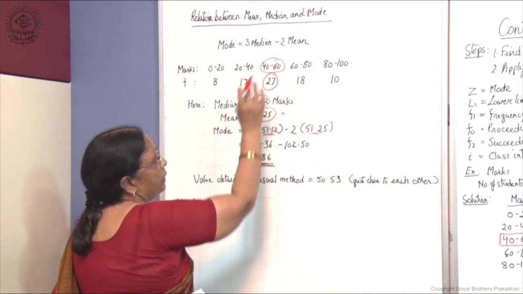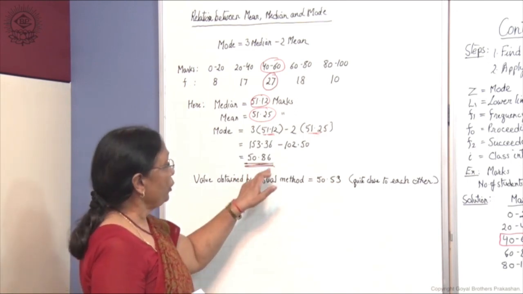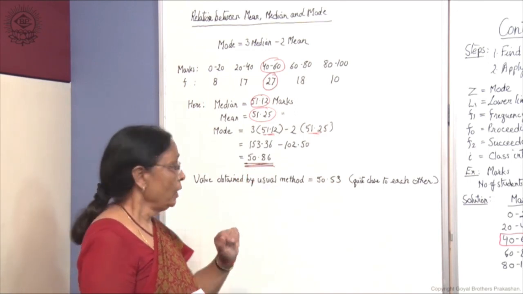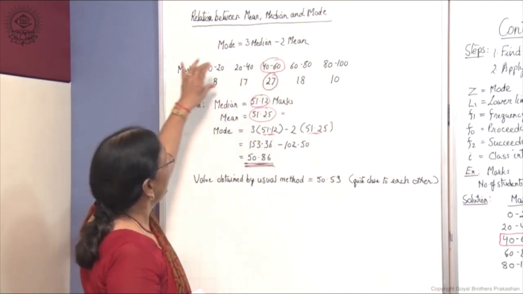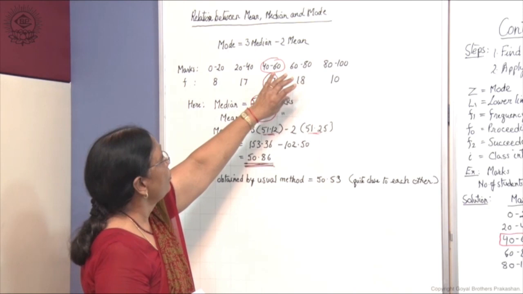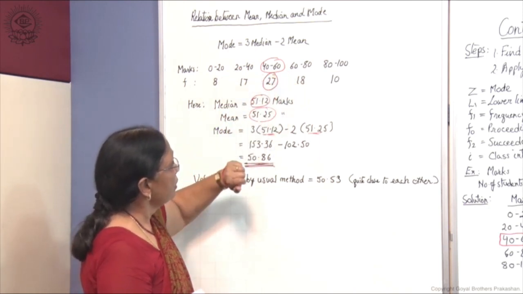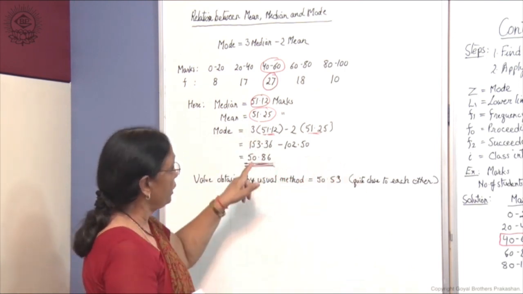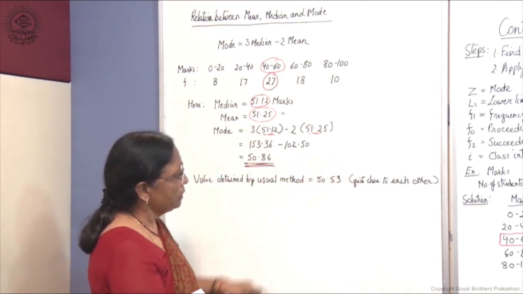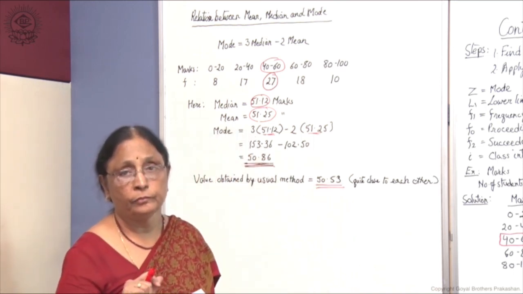So this means it is between 40 to 60, and here it is 50.86. Now the value obtained by the usual method, if you calculate mean and median from this data and calculate mode by the usual formula, you will get 50.53.